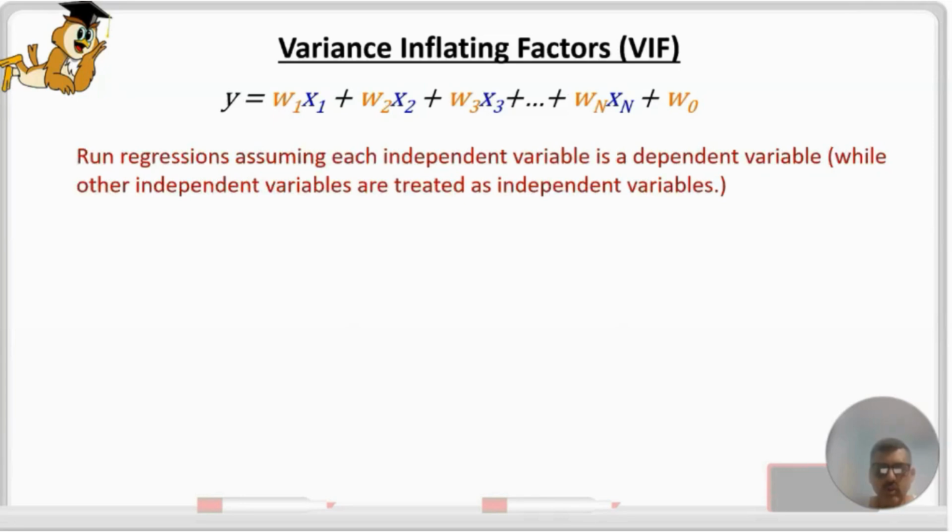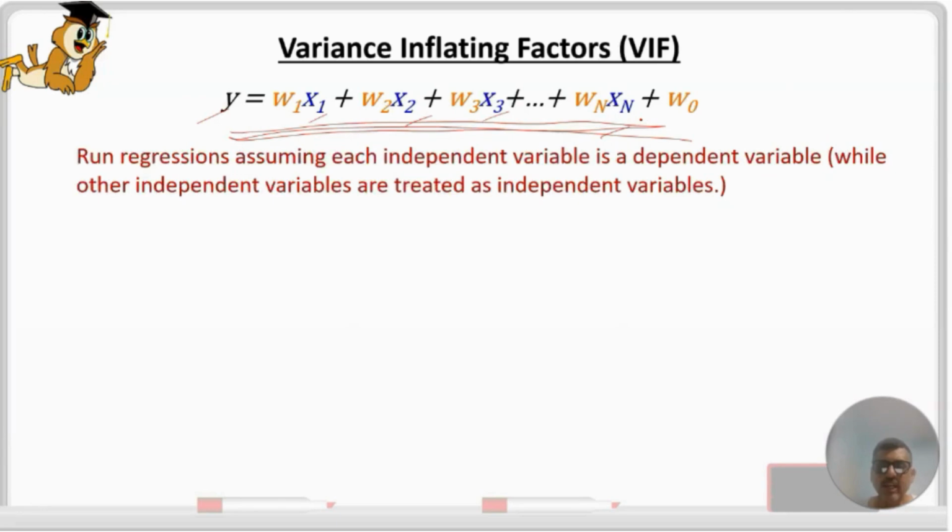So this requires a little bit of attention. Let's go over it once again. Here in our model, this is our linear regression model that we have been concerned with. Y is the dependent variable and x1, x2, x3, up to xn are the independent variables, right?